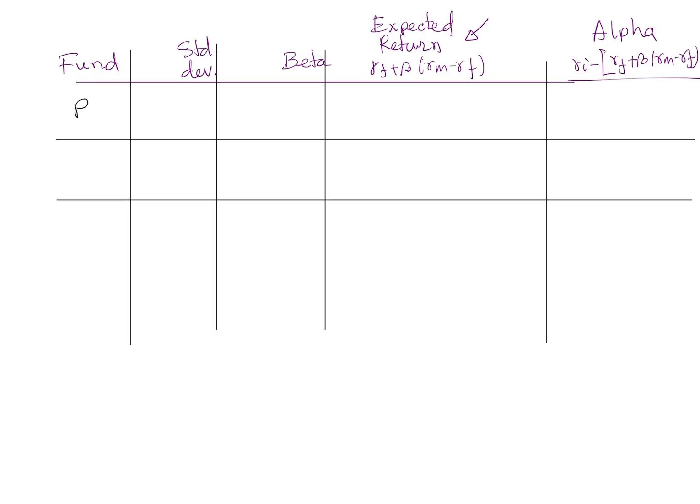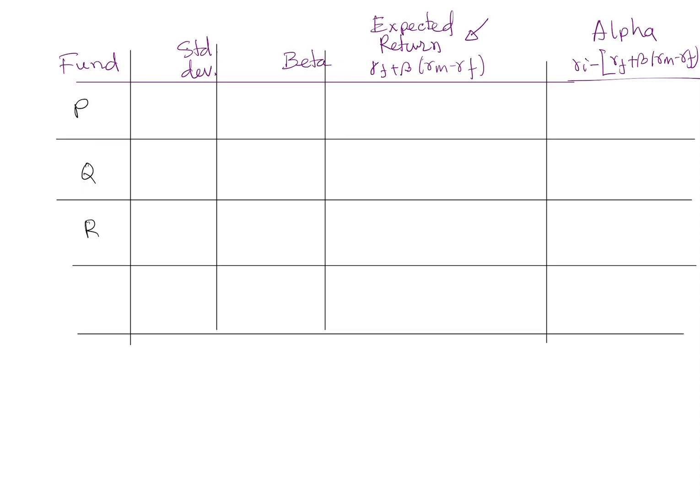So this is for fund P, Q, let's say R, and we've got S. So we need to get the return as well, right? So I think I need one more.